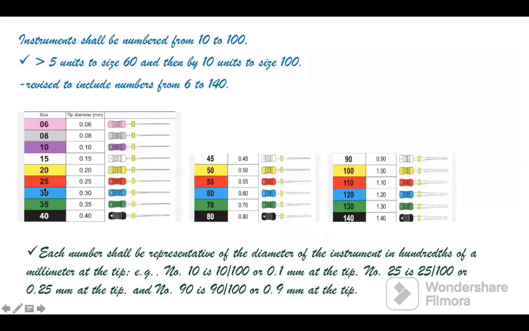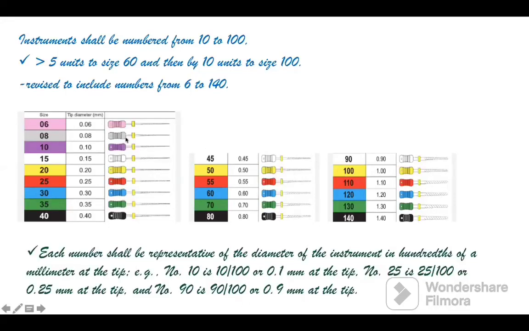So if you can see the number 15 file, after 15 we have 20, 25, 30, 35, 40. That is, there is an increase in units by 5, and this is from 15 to 60. From 60 onwards, the file numbers increase by 10 units. So we have 60, 70, 80, 90, 100.